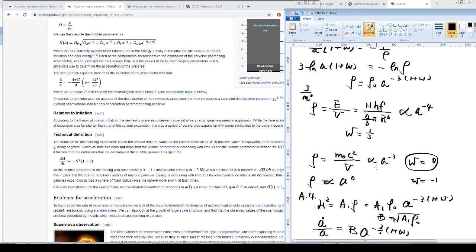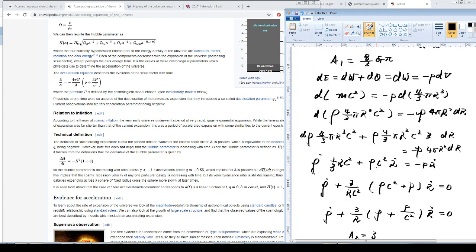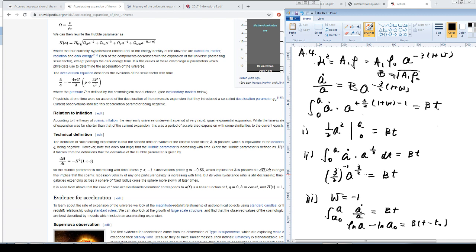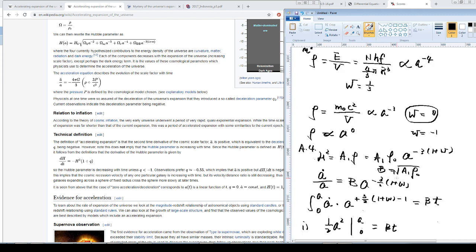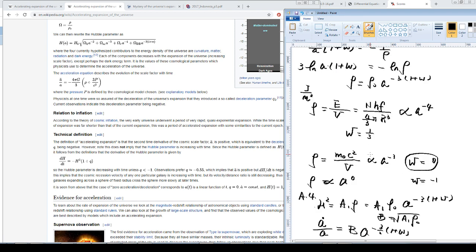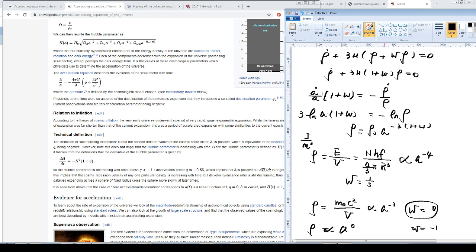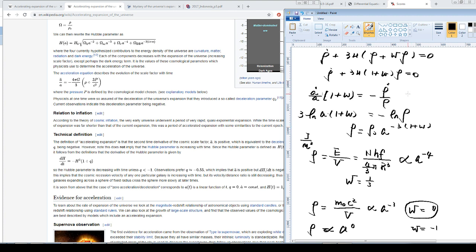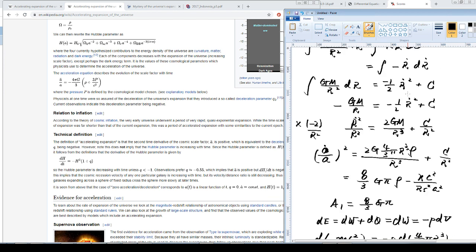Okay. Is A dot a constant? How do we know A dot is a constant in this case?